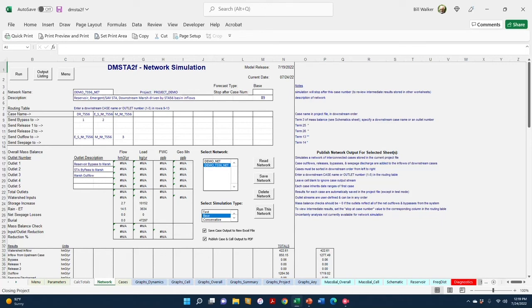Since you can see down here, I've selected save case output to a new Excel file. So for each of the 3 columns, there is a separate output file stored in a subdirectory, and then there's a sort of printout of the entire spreadsheet, all the output screens, so you can use that for later reference.